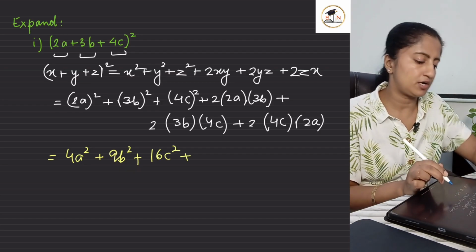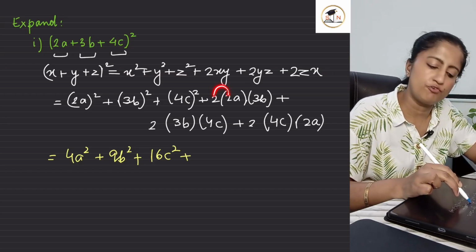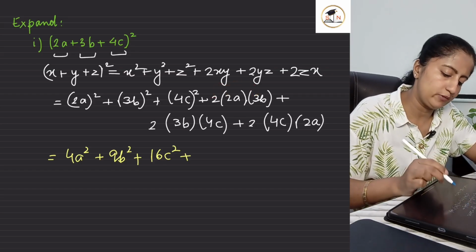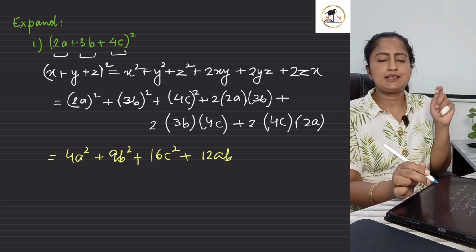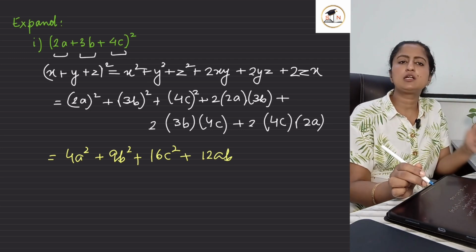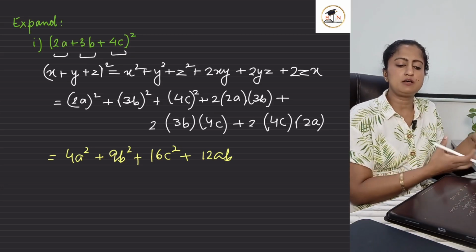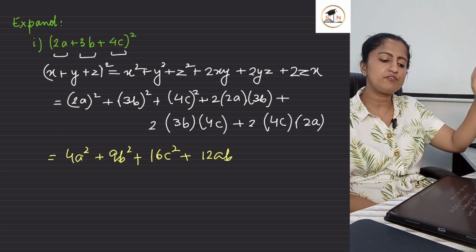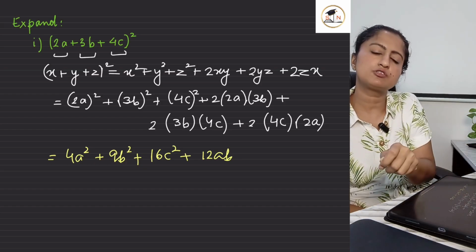After that, the products. So in the products, we get 2 into 2, 4, 4 into 3, 12. It becomes 12ab. Okay, guys, at this step, I have seen many children getting confused with the distributive property. They many times ask, ma'am, the 2 we have written outside needs to multiply with 2a and then with 3b also?